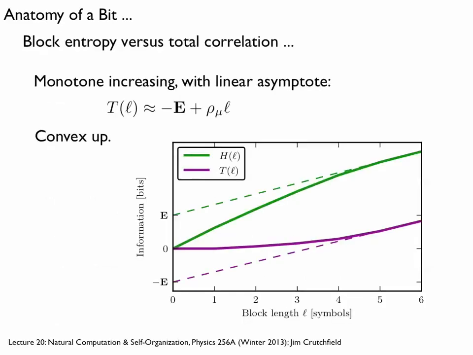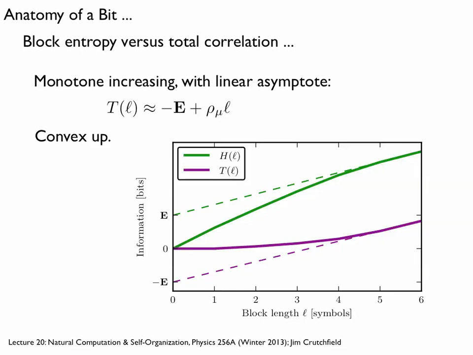And then here's what it looks like when you calculate it for a typical process. First of all, interestingly enough, it has its own linear asymptote. Without going into the details, the paper goes into how these things work, but basically we have this offset, one has to show this, that's minus the excess entropy, plus rho mu, that anticipated information I mentioned before, but there's a slope here, times L. So a block entropy does this, right?